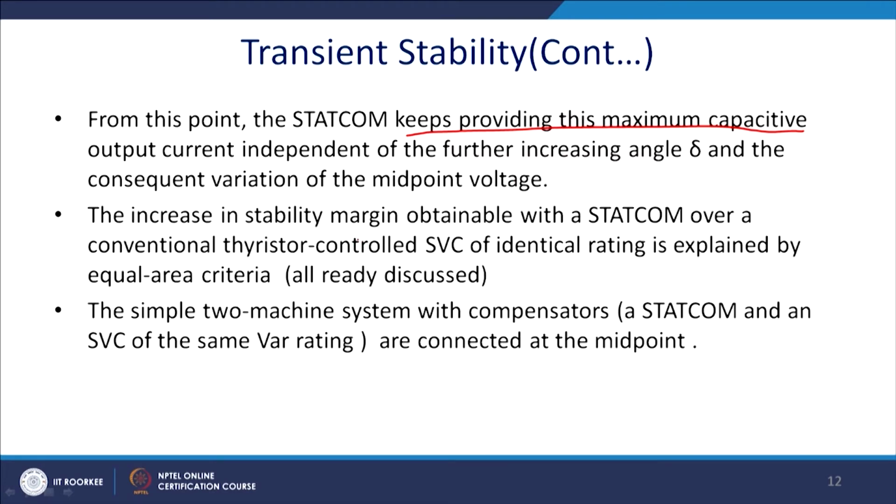The increase in stability margin obtained by the STATCOM over a conventional thyristor SVC of identical rating is explained by the equal area criterion. The simple two machine system with a STATCOM or SVC of the same var rating can be connected at the midpoint, and let us see what the conclusion is.